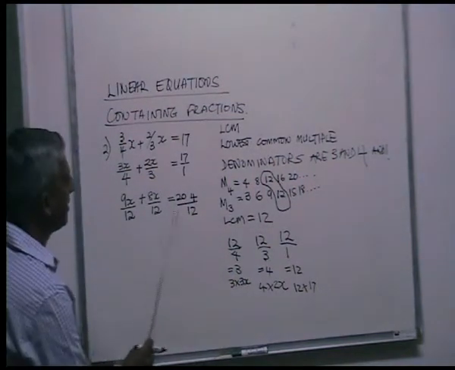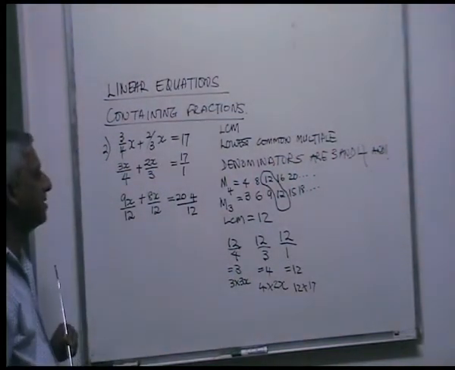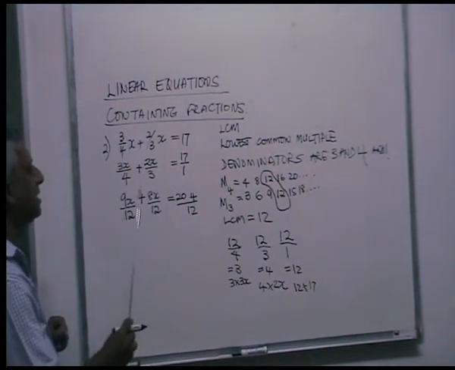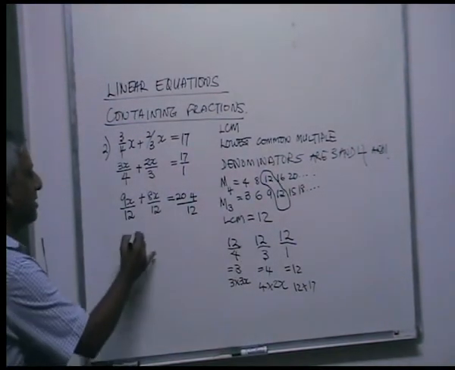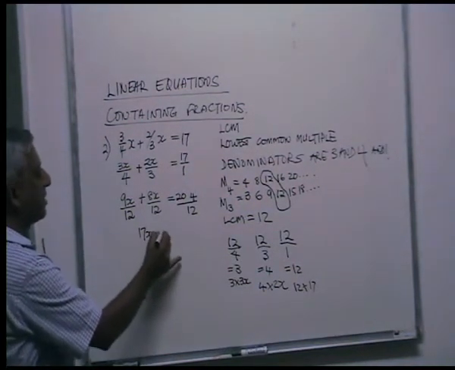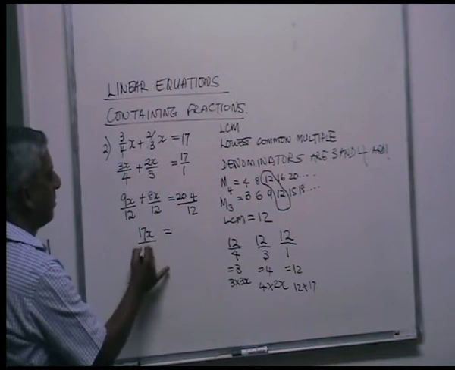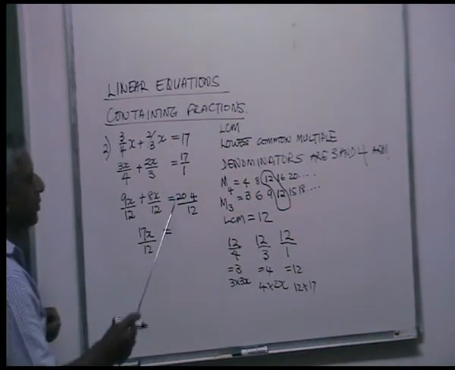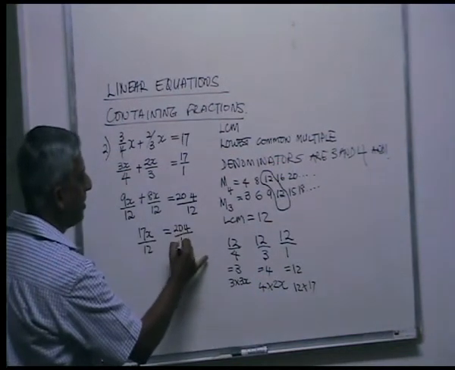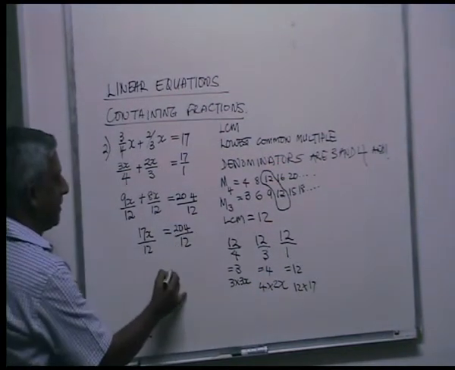Now you can see that the denominators are exactly the same. If the denominators are exactly the same, then we can just add the numerators. So 9x plus 8x gives you 17x over 12 is equal to 204 over 12.